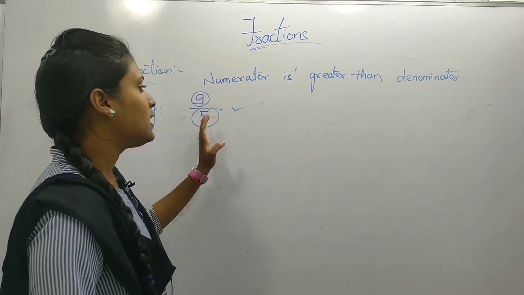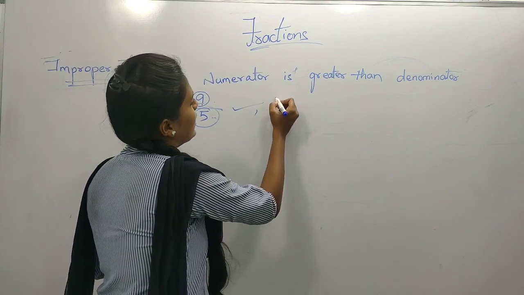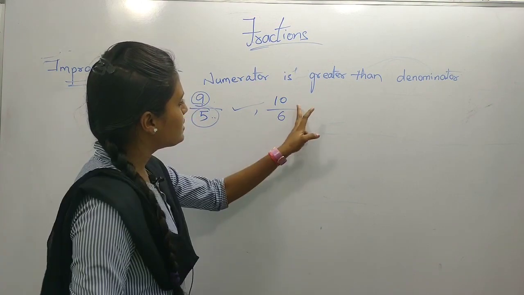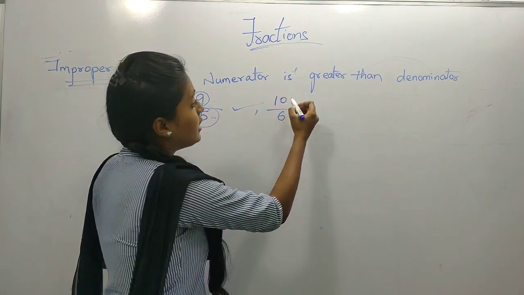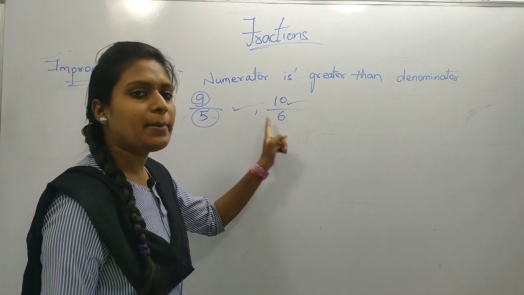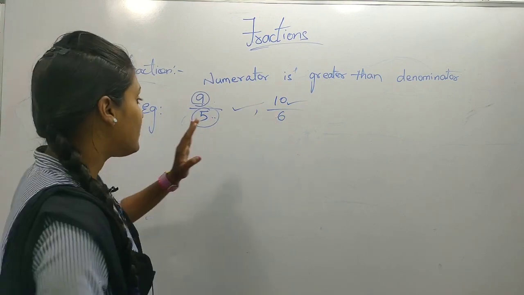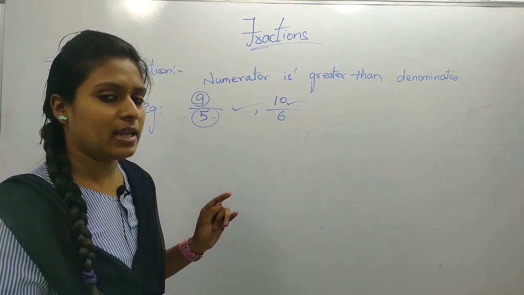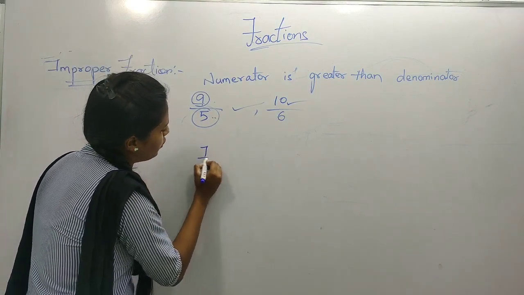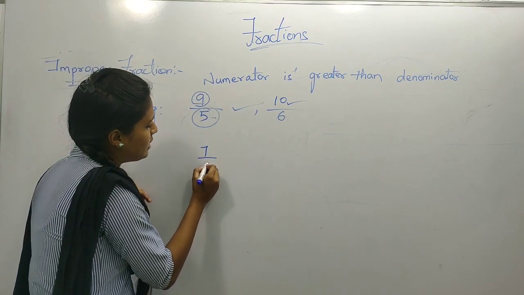Okay, it may be correct. Next, take another example. Take the numerator as 10 and the denominator as 6. Look at this: the numerator is higher than the denominator, so it can be identified as an improper fraction. Otherwise, you can make a mistake. Let's take 7 as numerator and 9 as denominator.